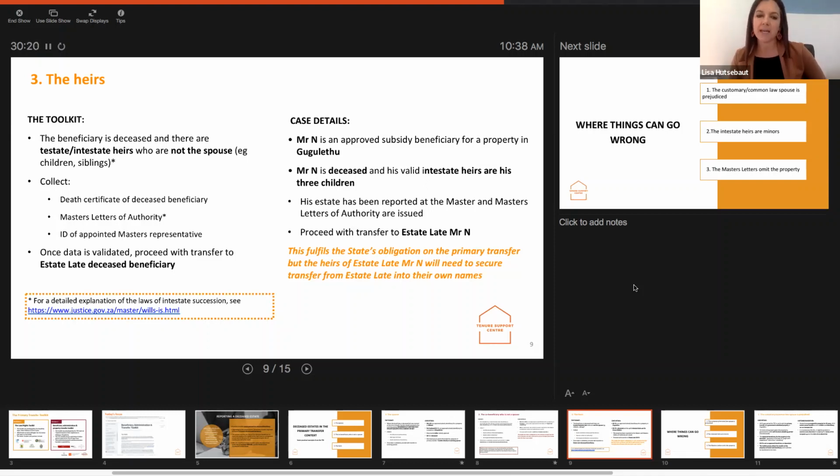But at the end of the day, you're going to have to get some sort of proof that somebody is deceased, so that you know that they haven't just disappeared, or the family is saying they're deceased when in actual fact they're not. So just indicate in the chat if you'd like us to do a little bit more of a deep dive into how you could get around that.